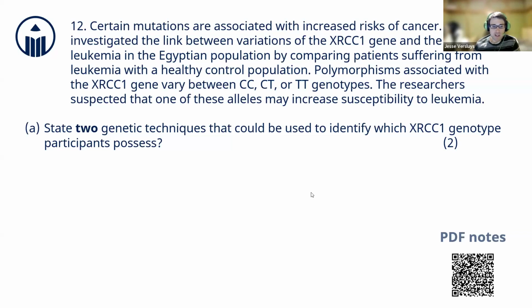Polymorphisms associated with the XRCC1 gene vary between CC, CT, and TT genotypes. The researchers suspected that one of these alleles may increase susceptibility to leukemia. So this is a question that incorporates some inheritance, but because we're near the end of the course, if you're in year 12 or grade 12, probably you're familiar with this anyway. So state two genetic techniques that could be used to identify which XRCC1 genotype participants possess.